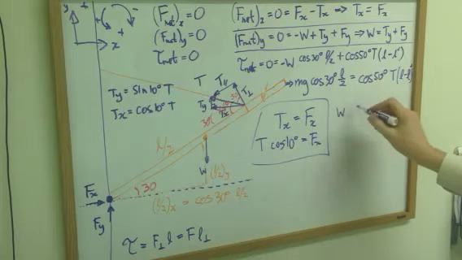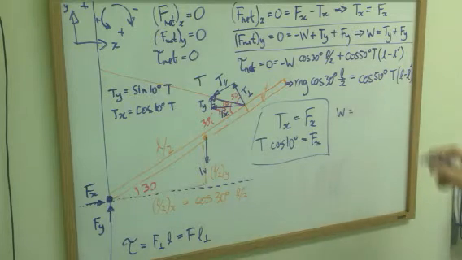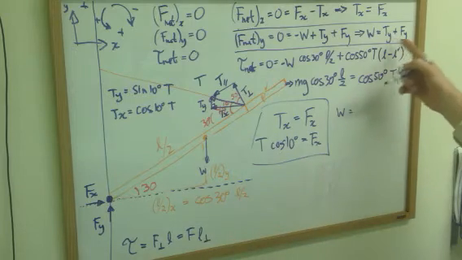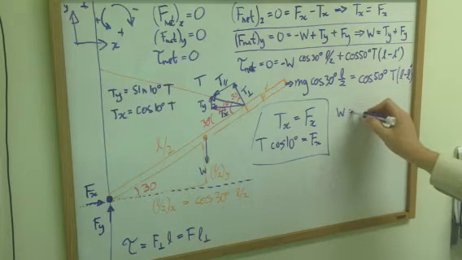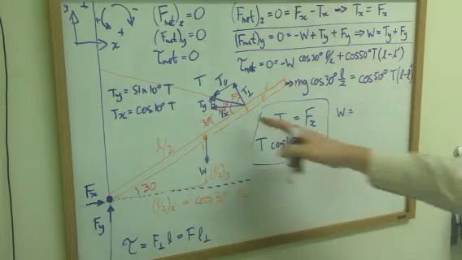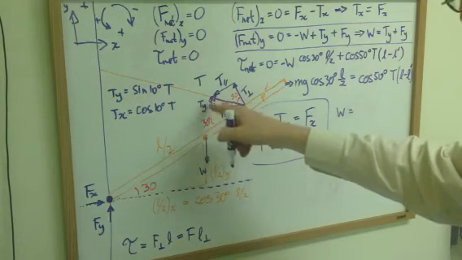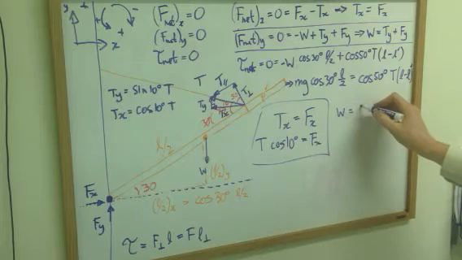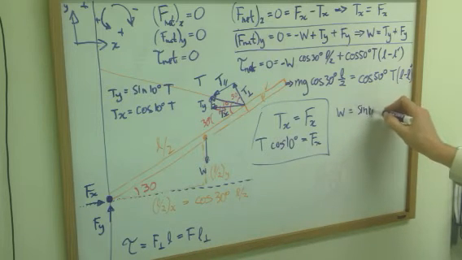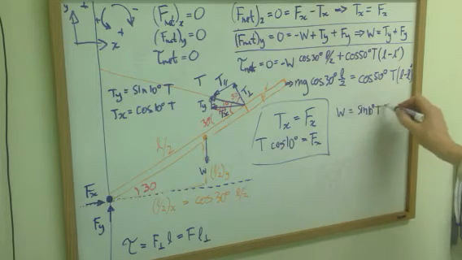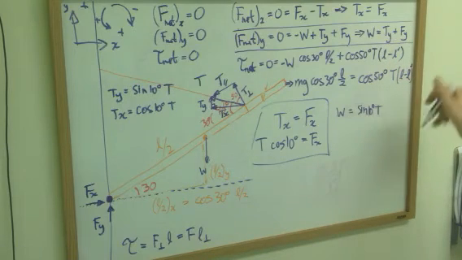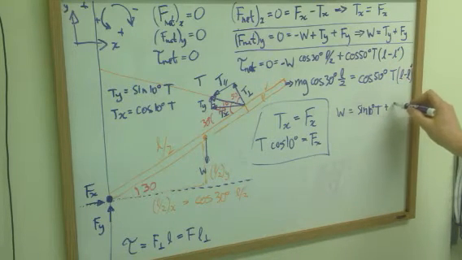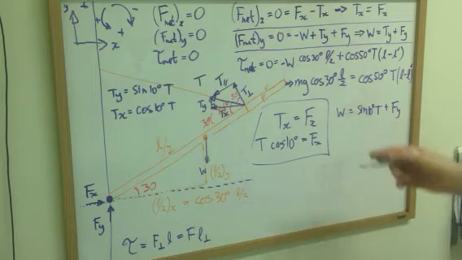We know the weight is equal to Ty. Ty is the opposite side of the angle 10 degrees, so that would be sine of 10 degrees times the tension in the wire, plus this unknown Fy. We can solve for Fy now.